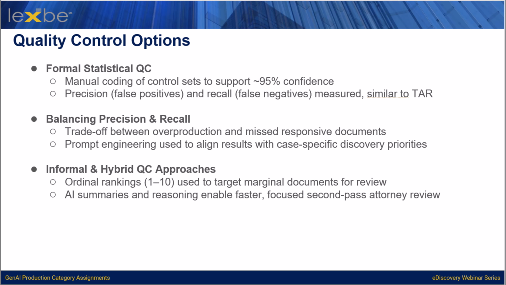The ability of AI models to provide an AI-generated document summary, a reason for responsiveness, and specific issue coding allows for the human review to be completed in a fraction of the time that would be required otherwise. In particular, the reasons for responsiveness determination by the 1 to 10 level can be reviewed separately to assure that the model is operating as anticipated.